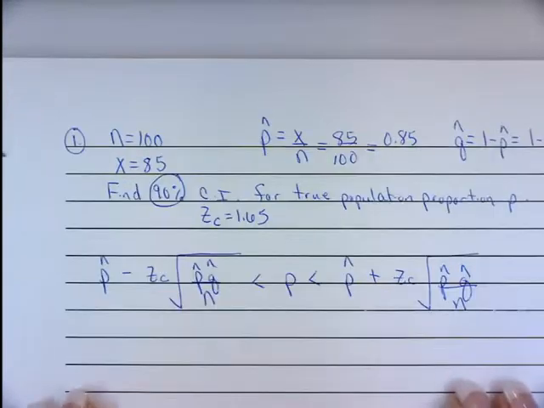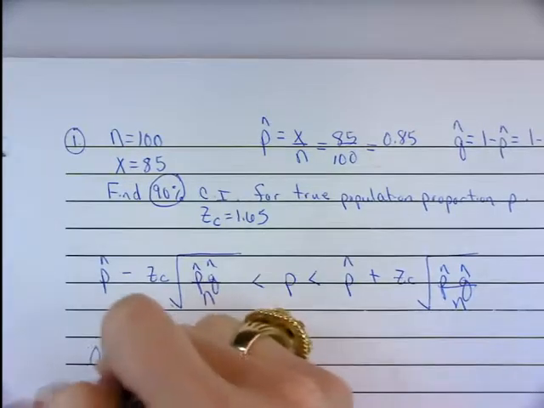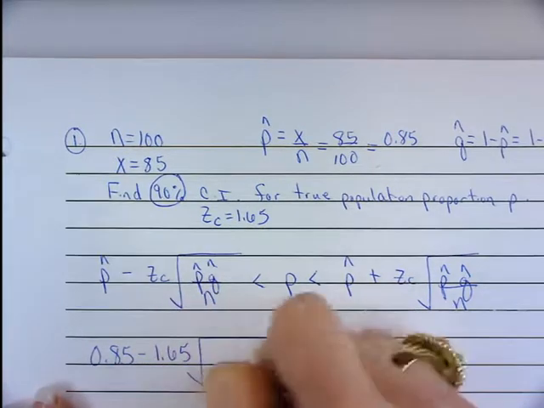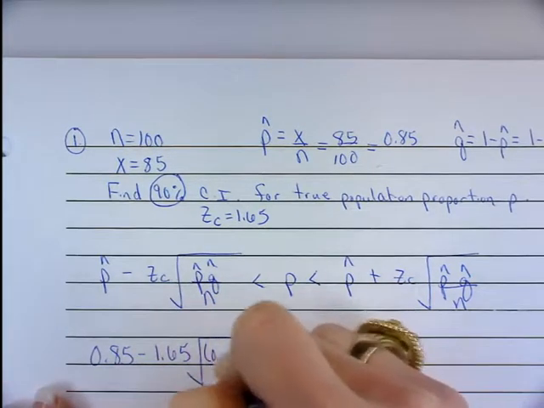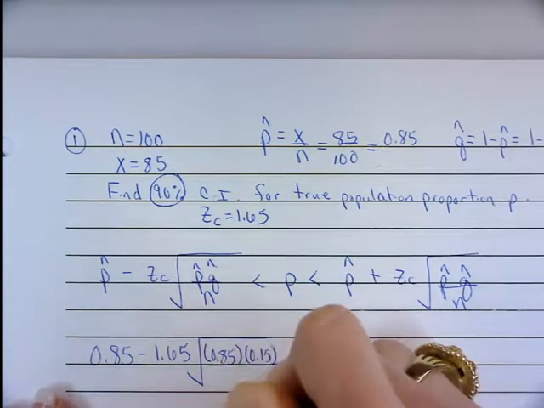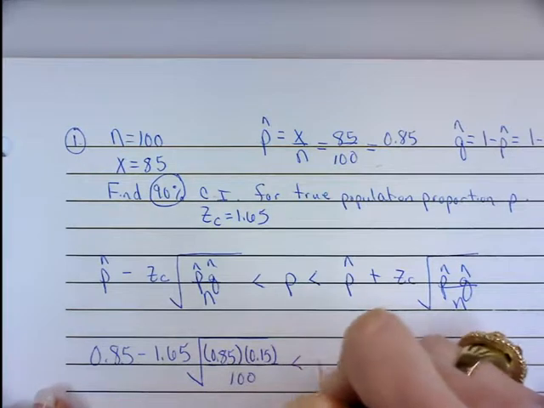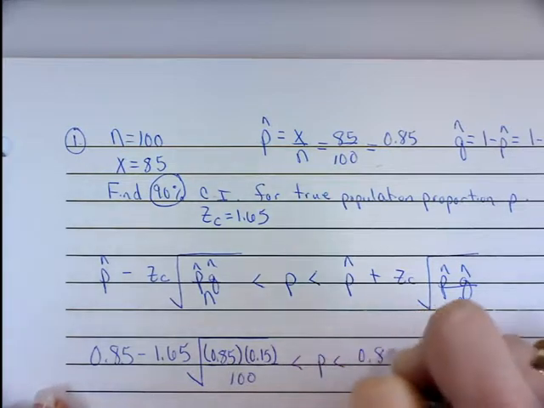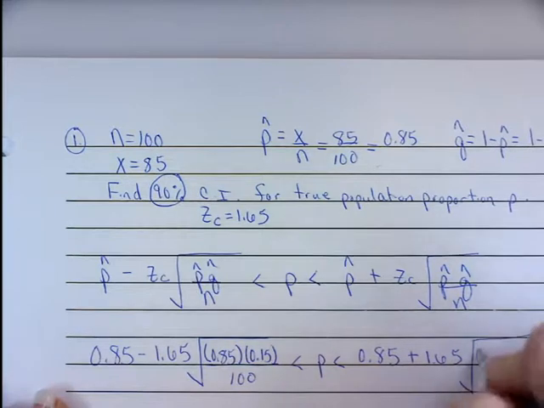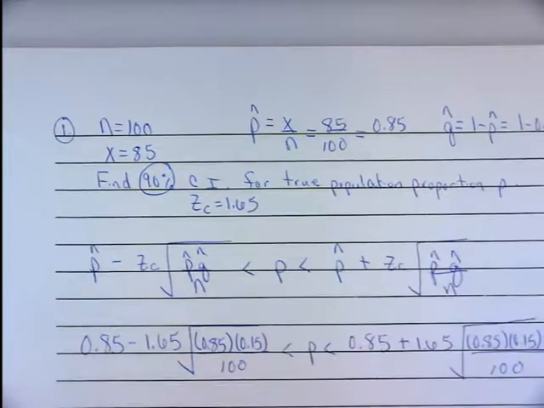Let's plug in. 0.85 minus 1.65 square root, under the radical, put 0.85 times 0.15, all divided by 100. 0.85 plus 1.65, square root of 0.85 times 0.15, all divided by 100.